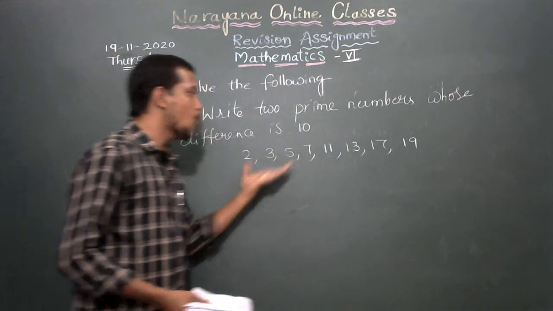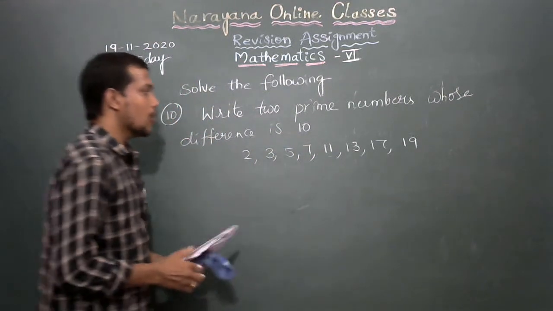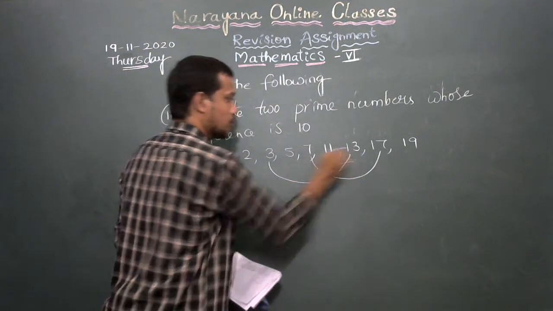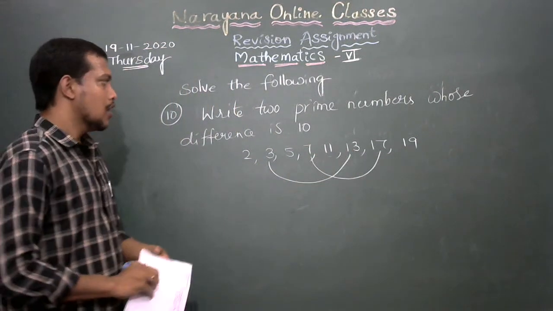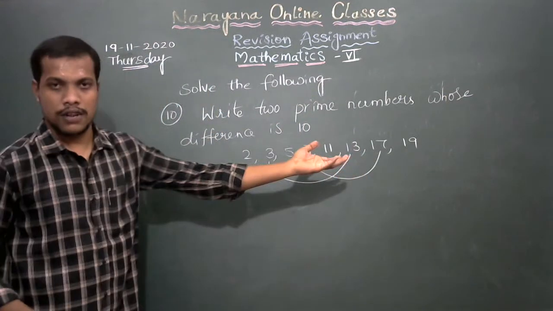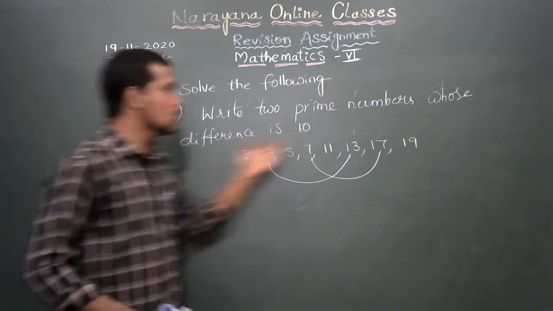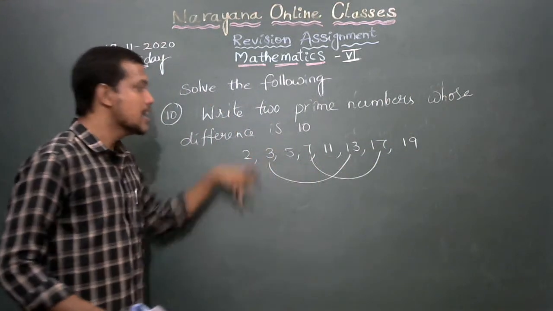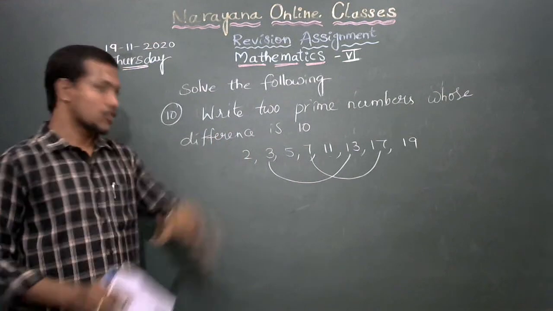Here I am taking only these. You may take more numbers if you wish, but I am taking 2 to 19. In these prime numbers I am taking 2 numbers whose difference is 10.